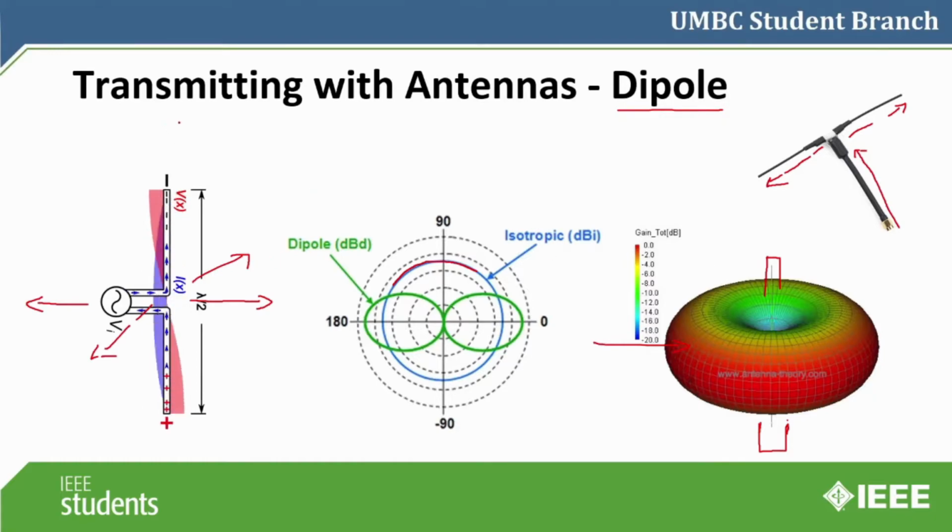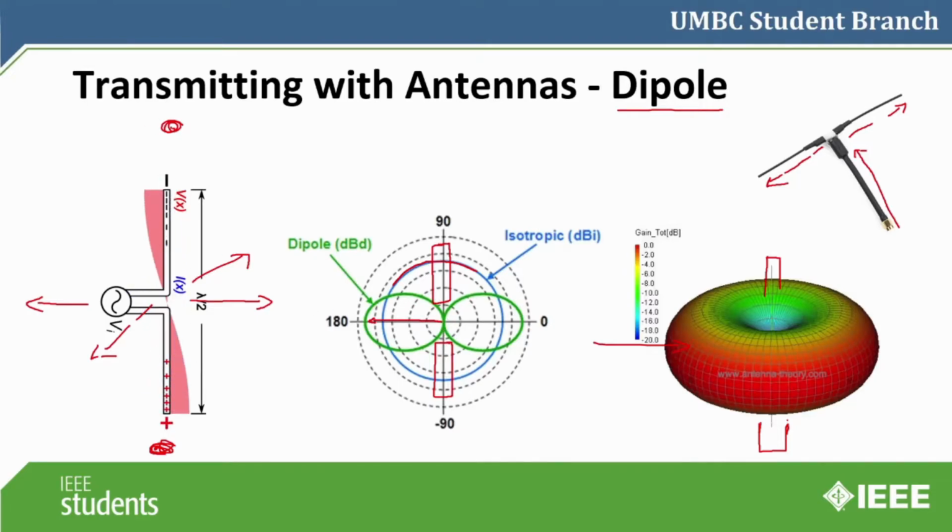If you are over here or down here, you're not going to get much signal strength at all. So this diagram here is a measure of how strong the signal is that you're transmitting in a certain direction. And in this case as well, the dipole antenna is perpendicular to these circles.